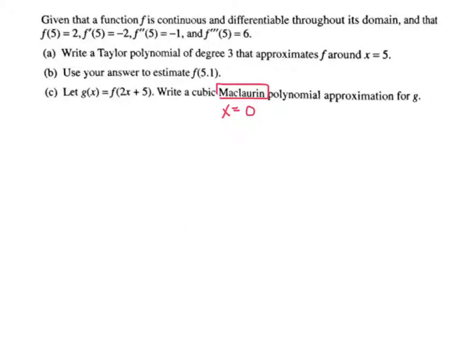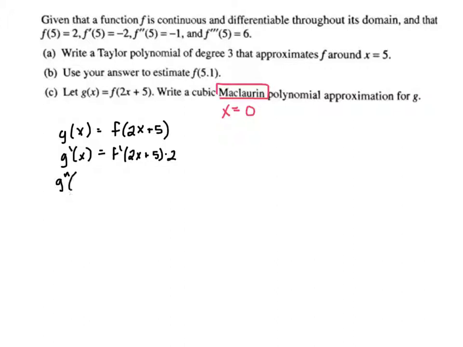So let me start, g of x is equal to f of 2x plus 5. Okay, so we're going to need to break out our chain rule here a little bit. g prime of x is equal to f prime of 2x plus 5 multiplied by 2. Right? Derivative of the outside, leave the inside alone, multiplied by the derivative of the inside.